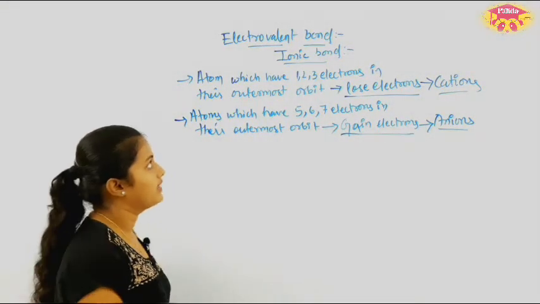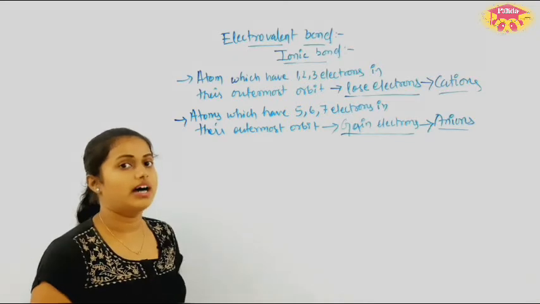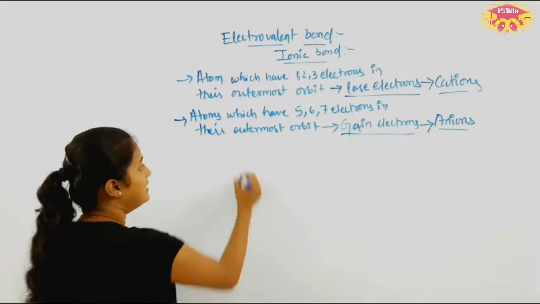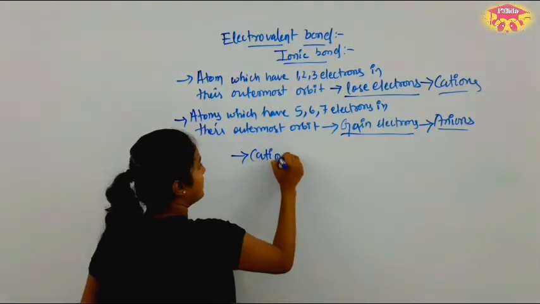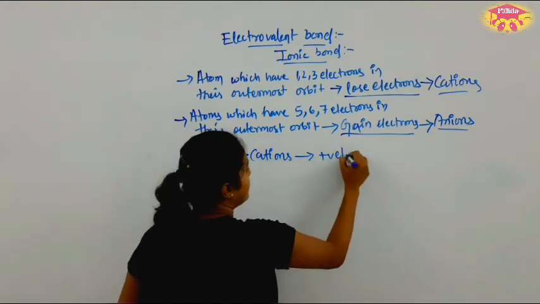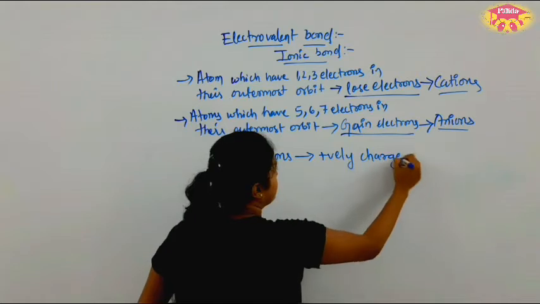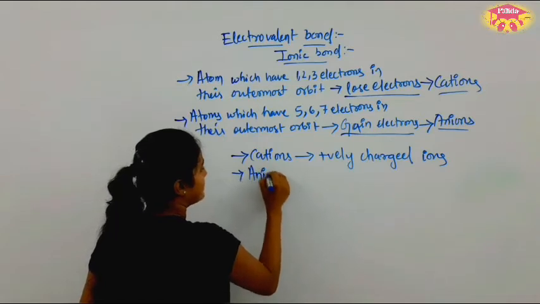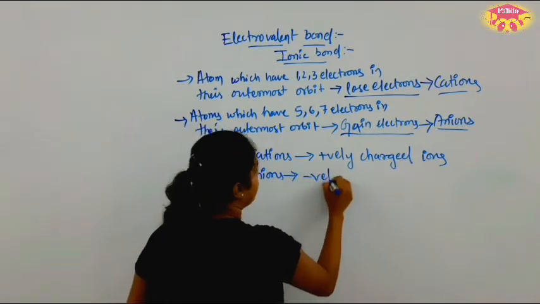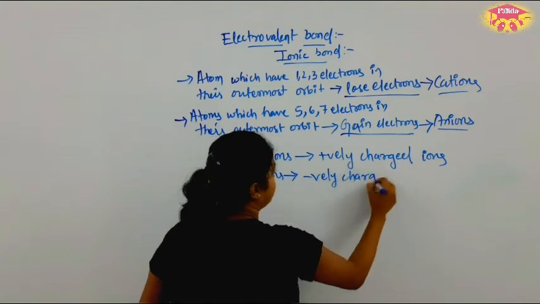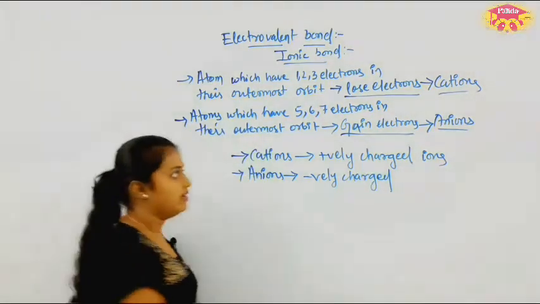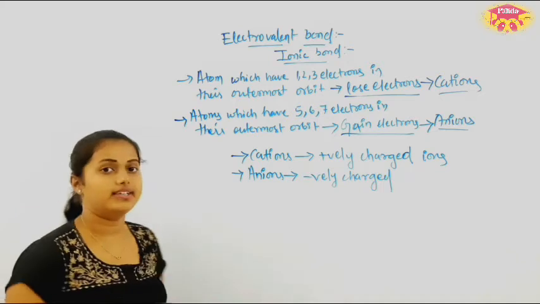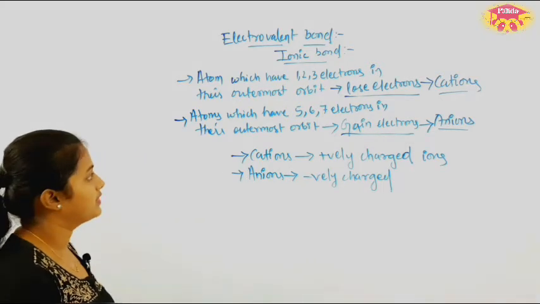The cations are positively charged ions, whereas anions are negatively charged.